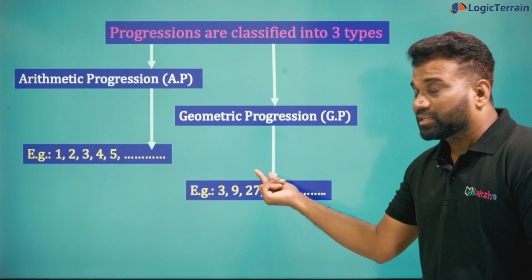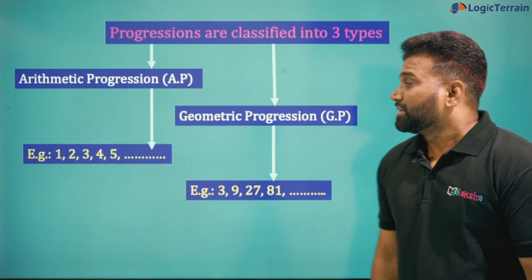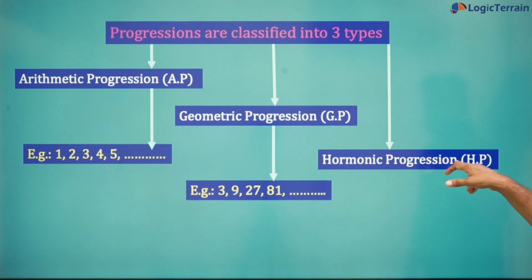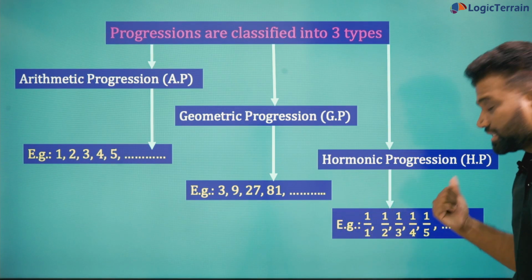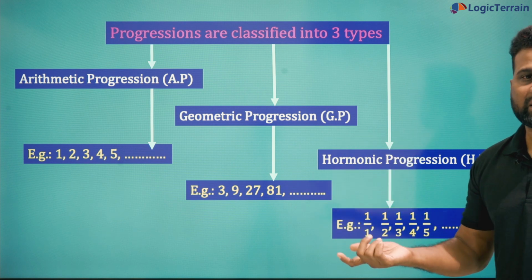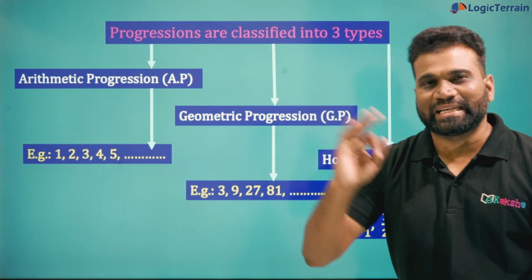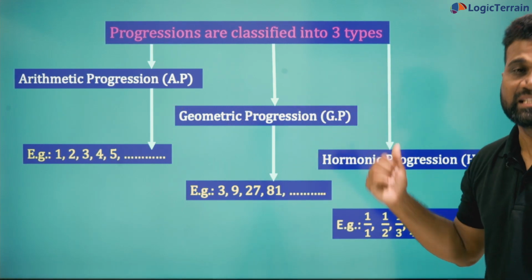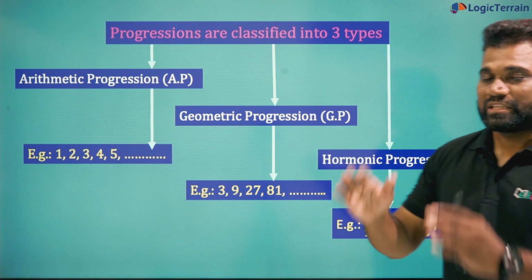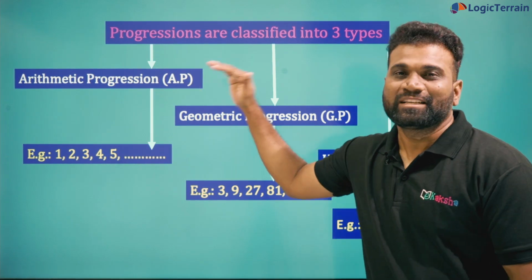Here, each term is obtained by multiplying by 3. And the third one, harmonic progression, HP. Here each term is obtained by dividing by some natural number or some condition, whatever it is. So, progressions are classified into 3 types: arithmetic progressions, geometric progressions, and harmonic progressions. Especially in this chapter, we are going to discuss arithmetic progressions.